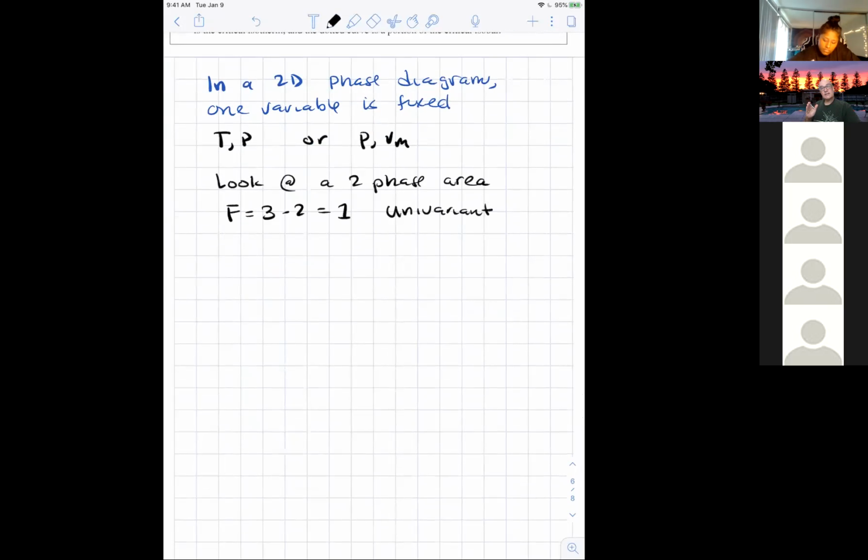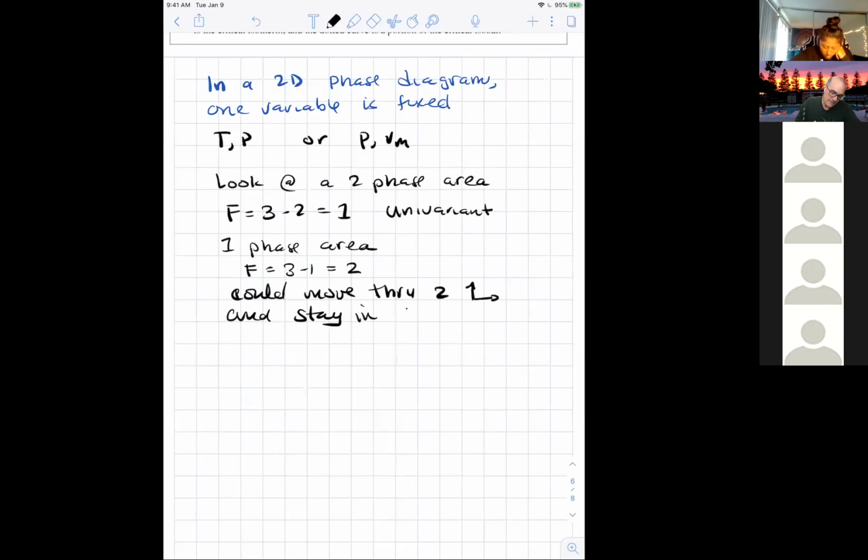Once we go to a 2D diagram, we're already fixing one of our variables, and that means we can only vary one other variable and stay in the two-phase area. In a one-phase area, F equals 3 minus 1 equals 2, and we could move through 2 directions and stay in that phase.